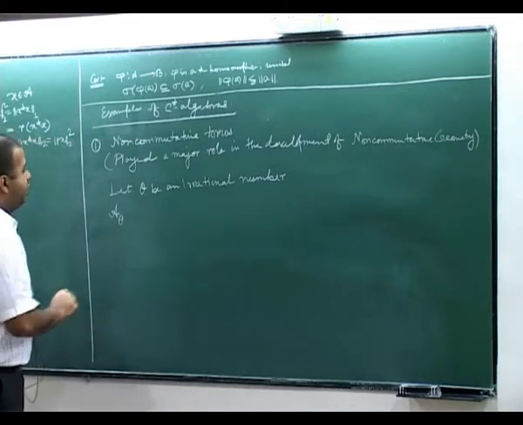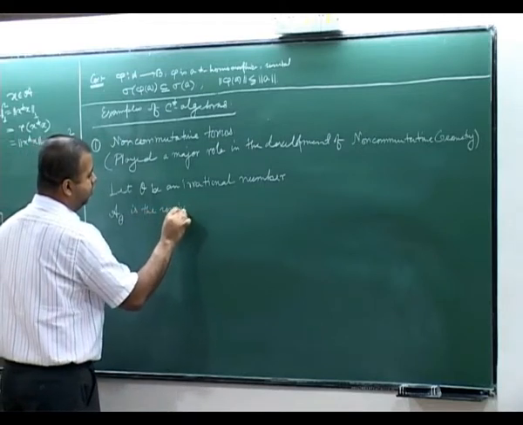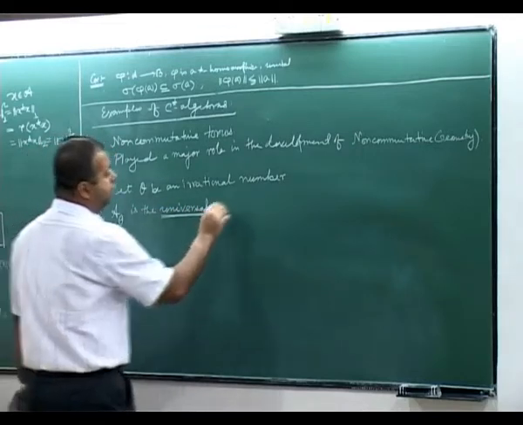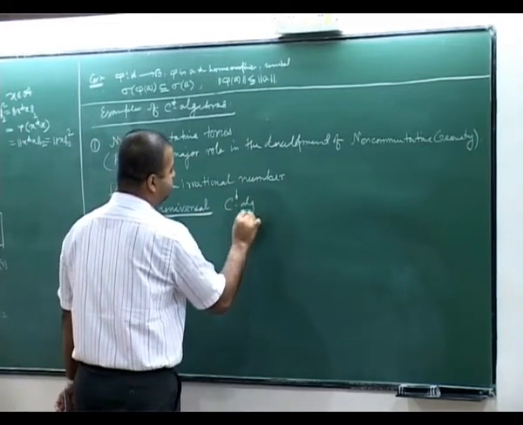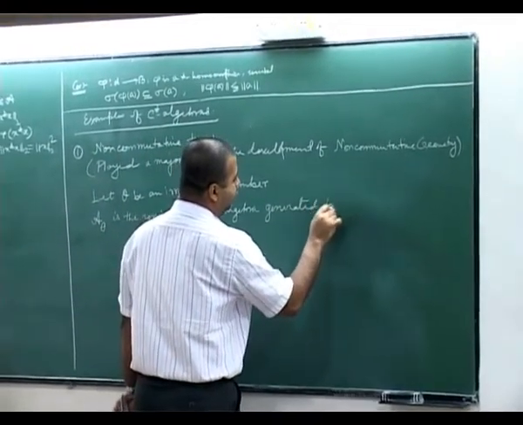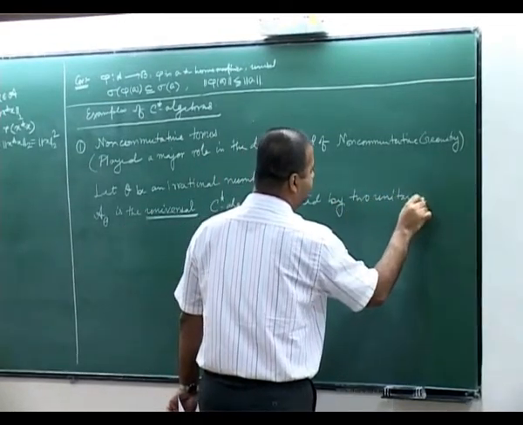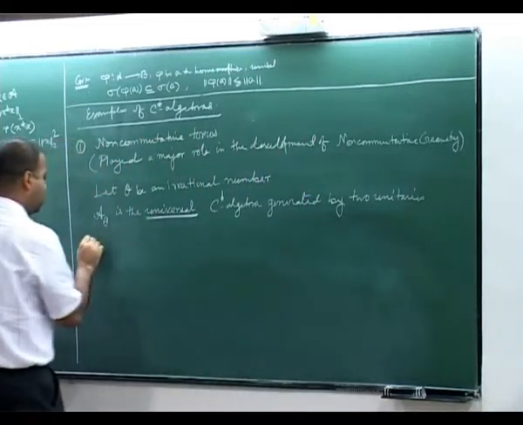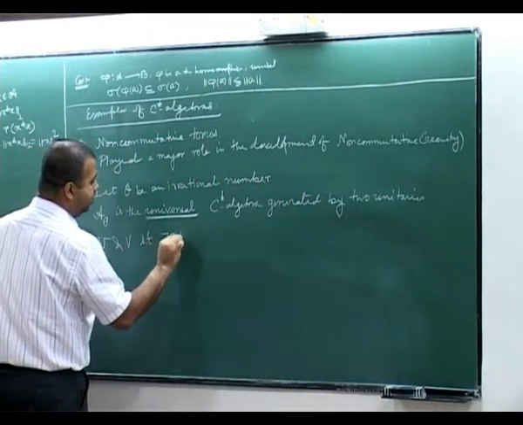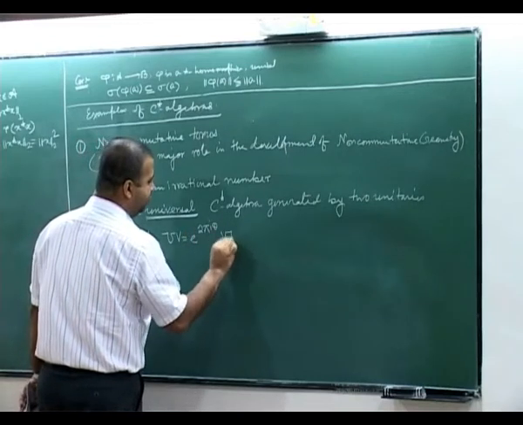So A theta is the universal C-star algebra generated by two unitaries U and V such that UV equals e to the power 2 pi i theta VU.